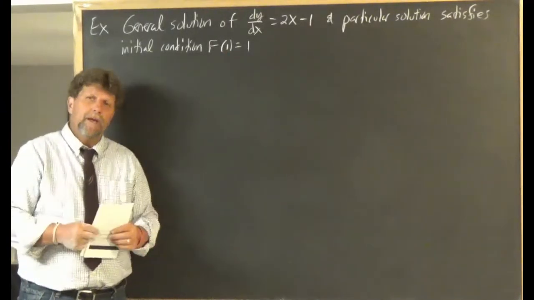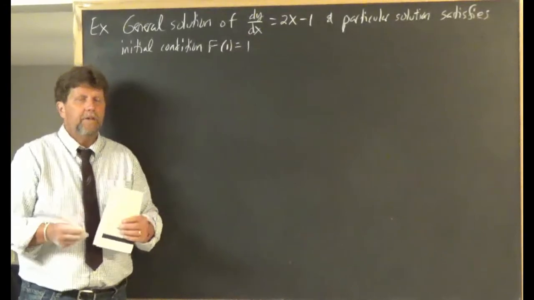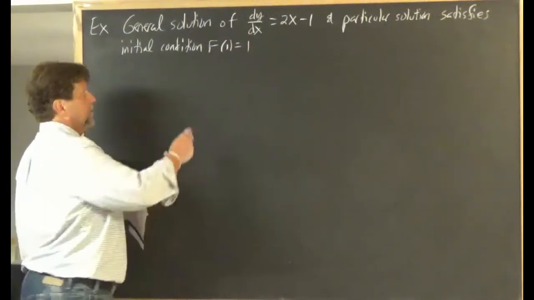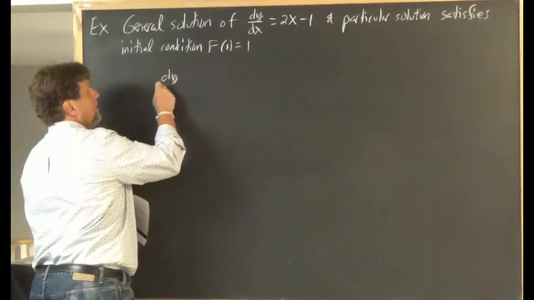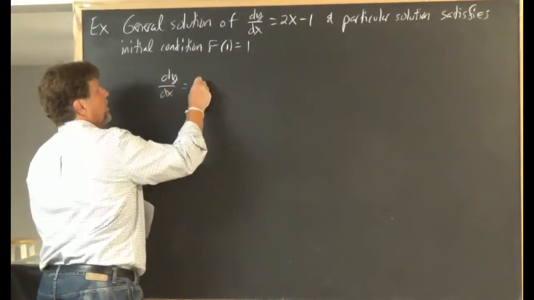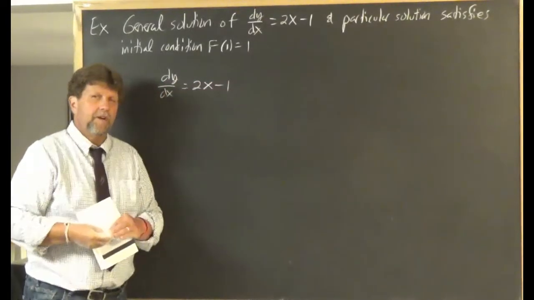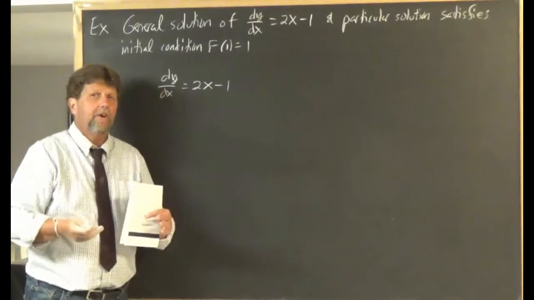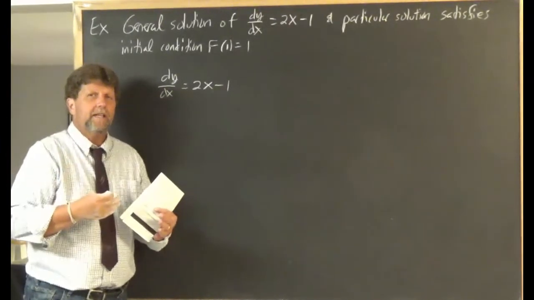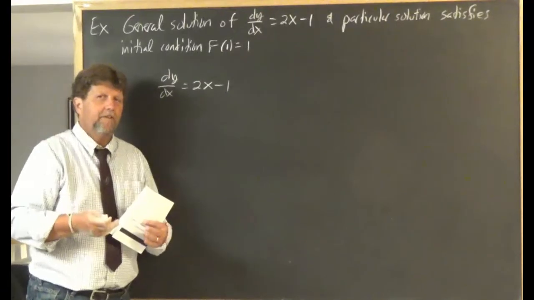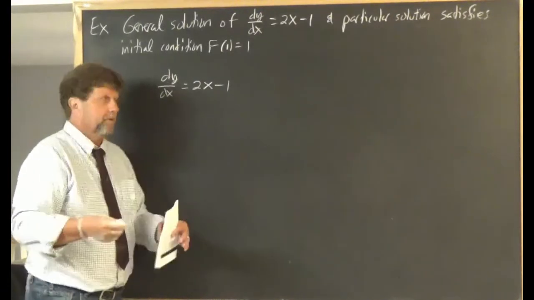So I told you the method I was going to introduce. It's called separation of variables. So let me write down the differential equation. Here's what separation of variables looks like. You want to get everything involving a y on one side of the equal sign and everything involving an x on the other side of the equal sign.